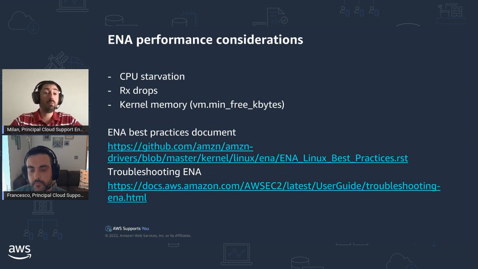One thing as well to keep in mind is receive drops, titled here as RX drops. It's one of those things when you look at your instance, and let's say you're using a Linux operating system, and you do an ifconfig, and you see that the inbound packets are being dropped, but you don't see them anywhere in your tcpdump or higher up the stack.